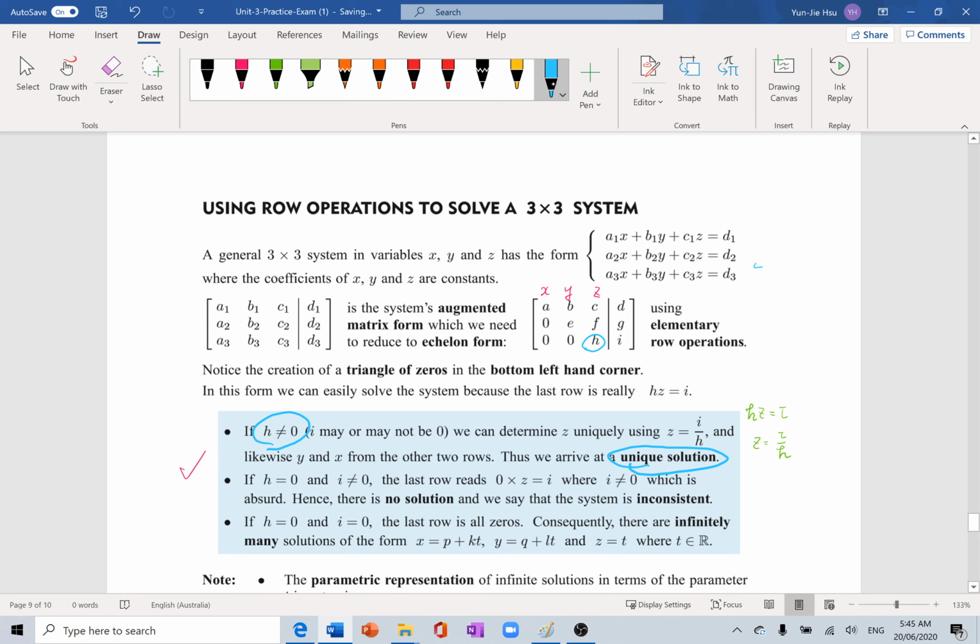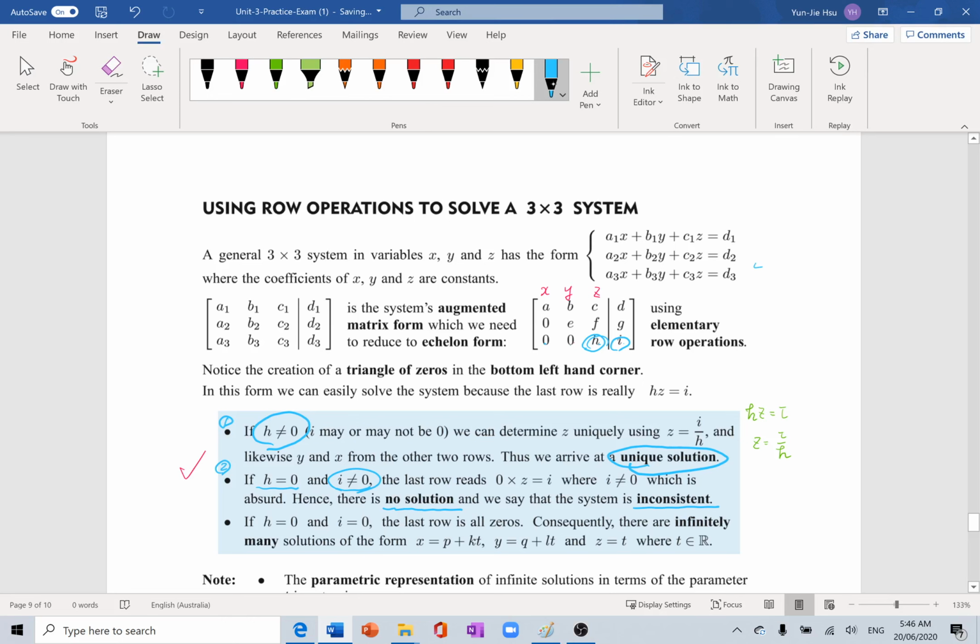Okay, that's the first scenario. Second scenario, if h equals 0, what does it mean? If h is 0 but I is not 0, for example 0, 0, 0, 3, it means no solution. We call this inconsistent.